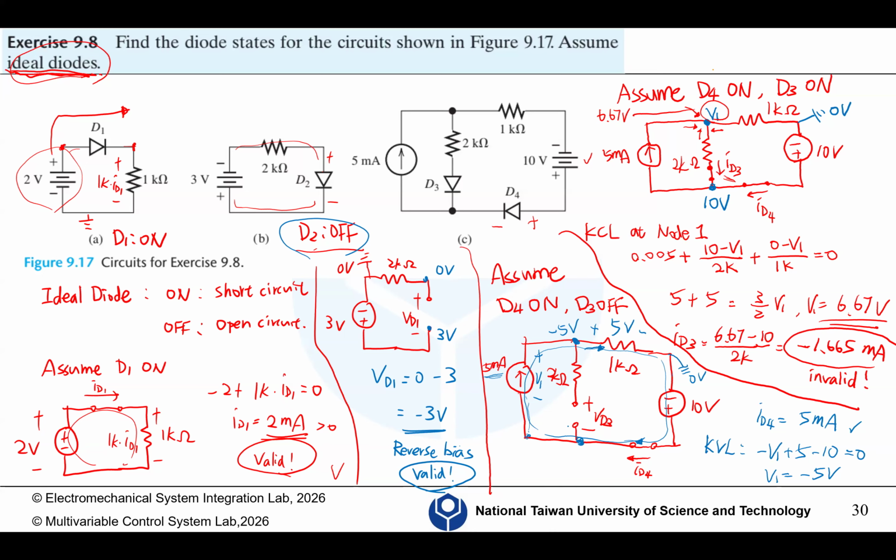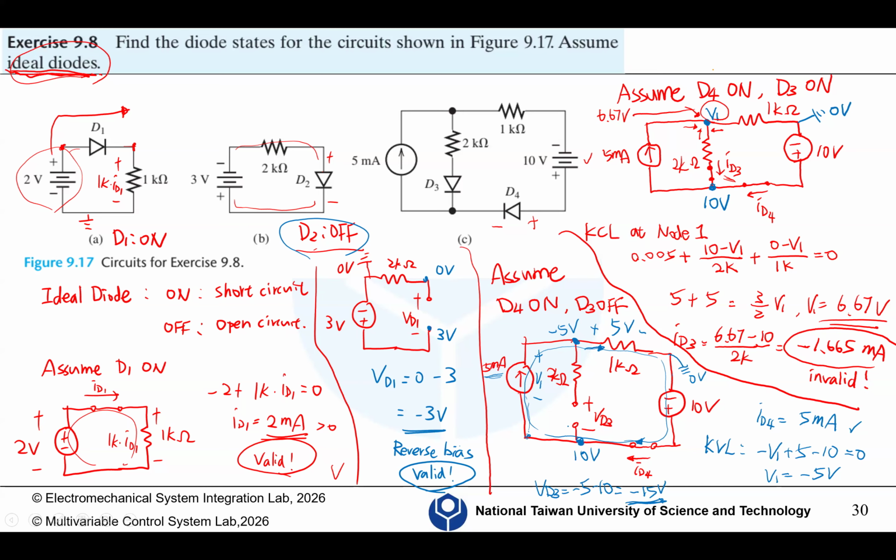Here is 10 volts. So VD3 should be minus 5 and minus 10 equals minus 15 volts.